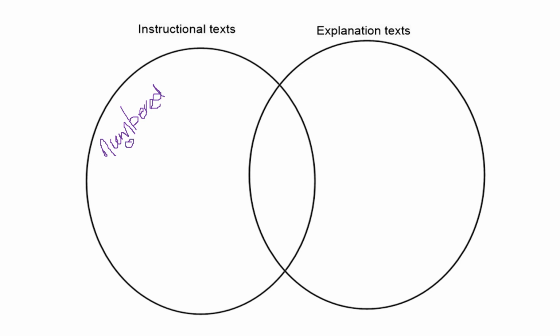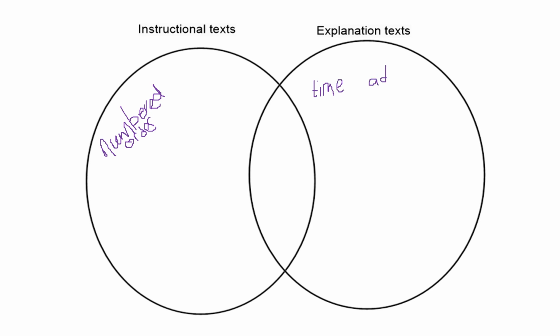So down the side, it would say 1, 2, 3, 4, whereas usually an explanation text doesn't really use that. That uses more time adverbs rather than a chronological number.